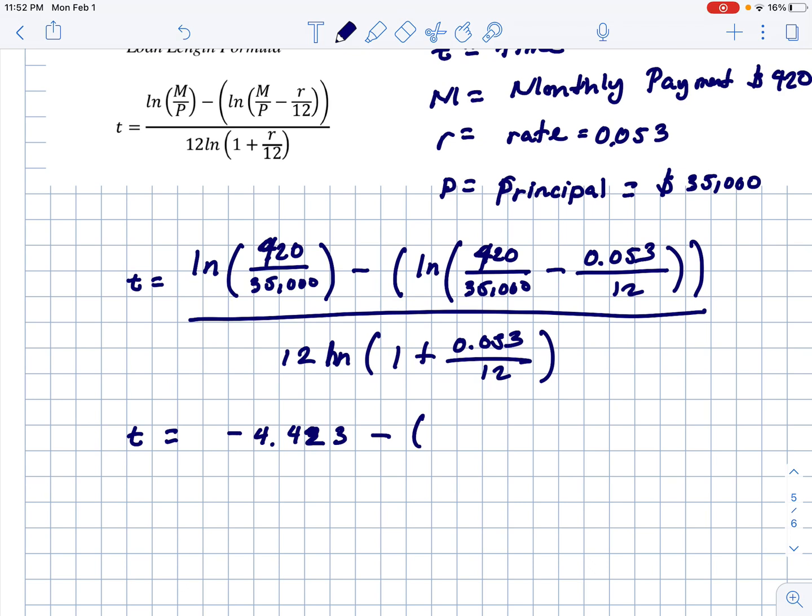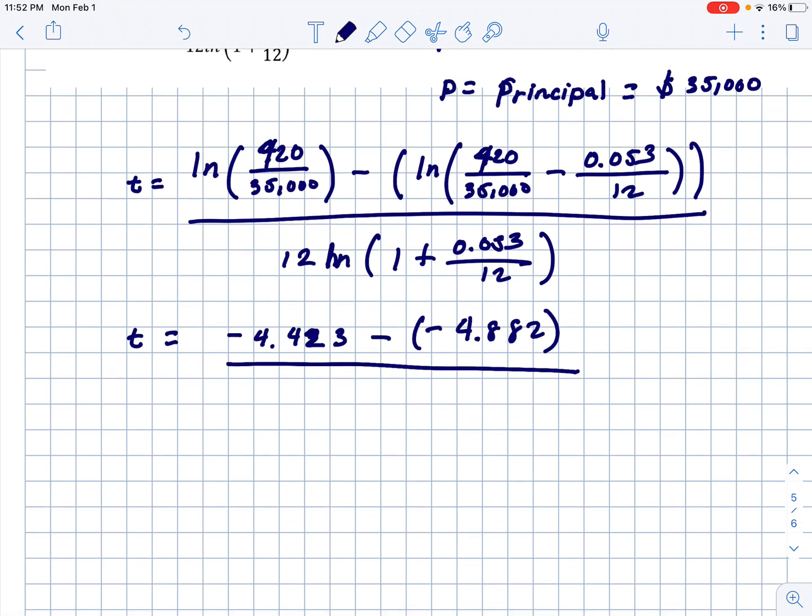4.423 minus ln... So we have minus 4.882. That'll end up being a positive. And then we have 12 times, I'll just actually do this, 12 ln 1 plus 0.053 divided by 12. Okay.